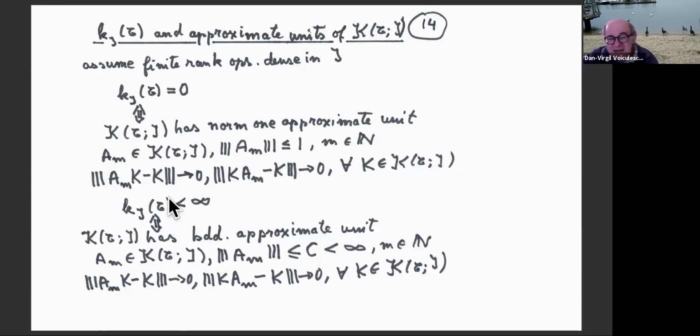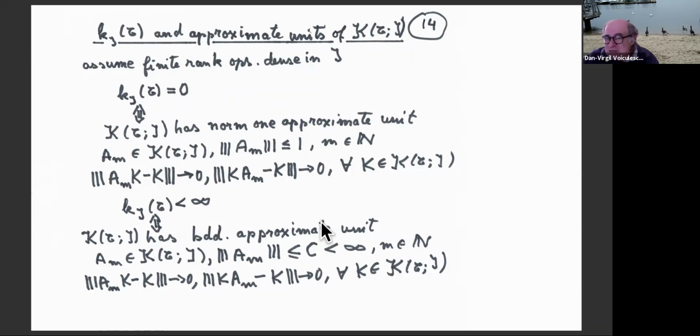I've written here exactly what it means, but this is the equivalence. The quasi-central modulus vanishes: this ideal has a norm 1 approximate unit. The quasi-central modulus is finite if and only if this ideal has a bounded approximate unit. And of course, if there is no bounded approximate unit, the quasi-central modulus is infinity.